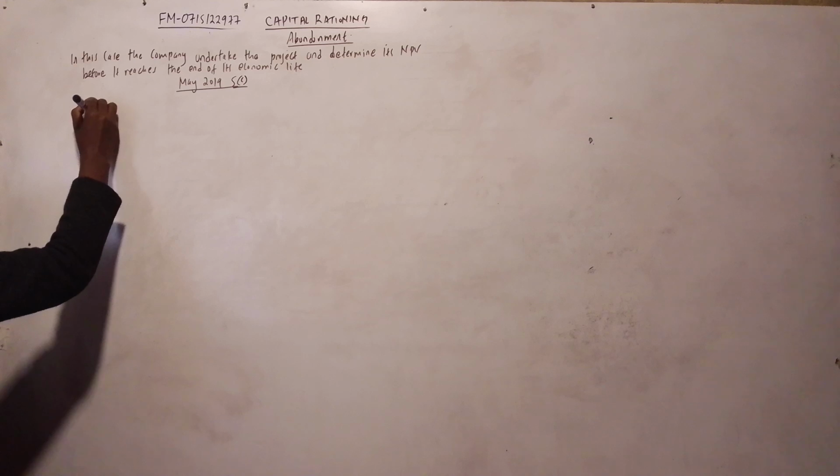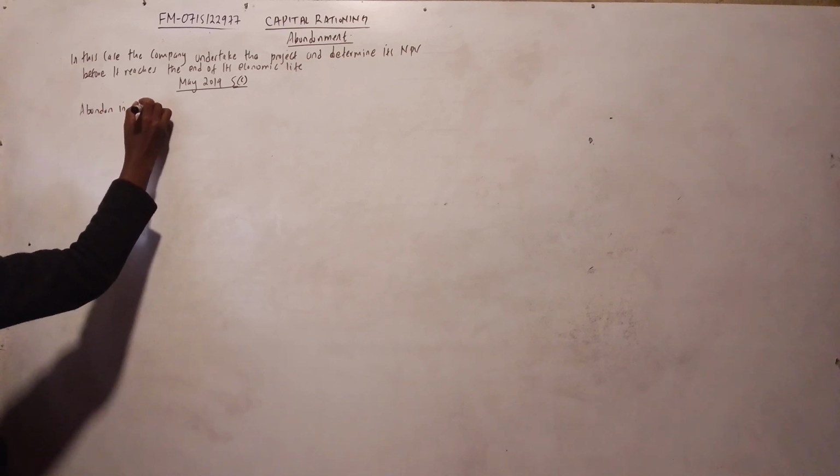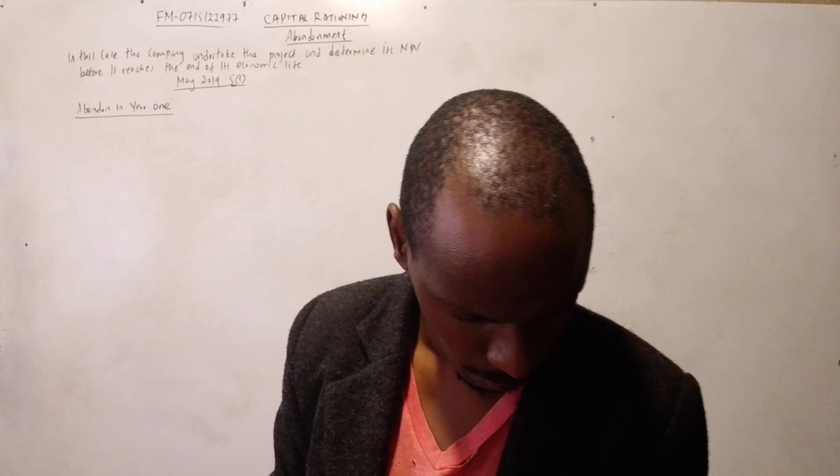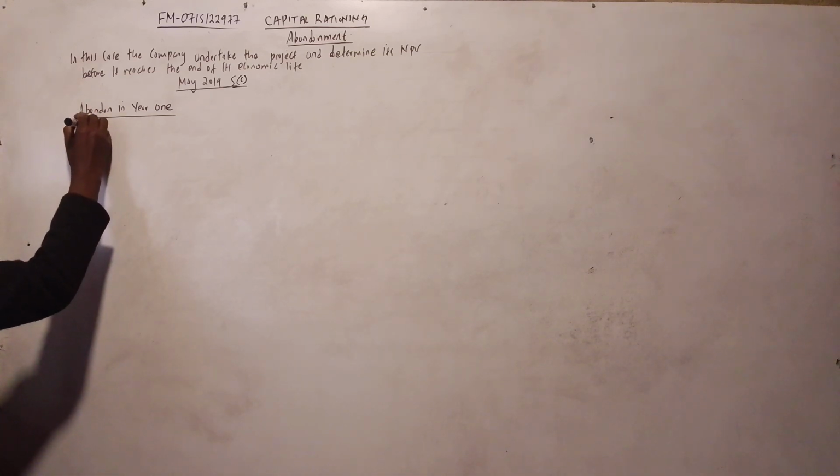So let's start with abandon in year one. If you abandon in year one, the period will be year 0 and year 1.